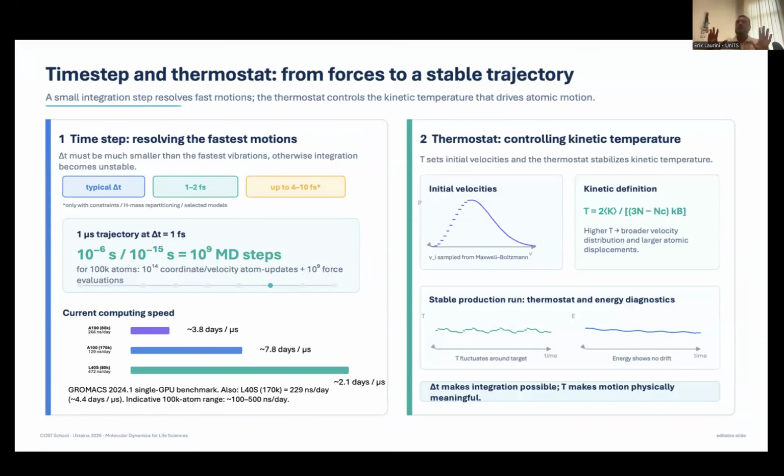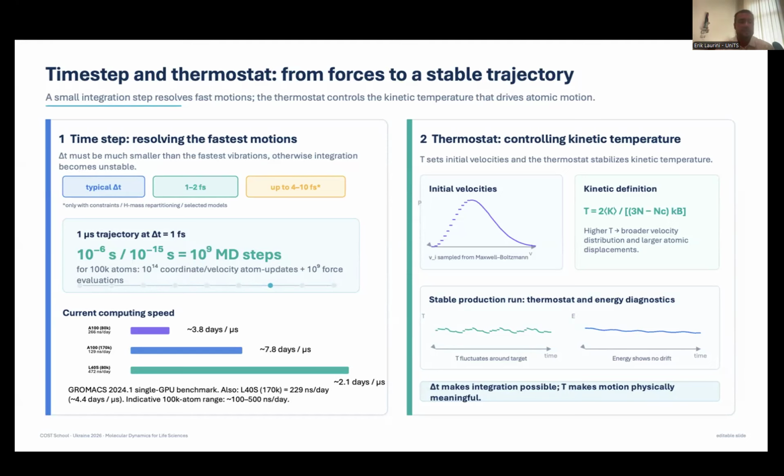What is the most important parameter that we have to define to build a robust molecular dynamics simulation? First of all, we have to define the time step. The time step is the delta t after which we want to know new atom coordinates and new atom velocities.